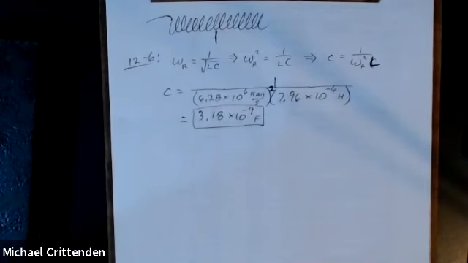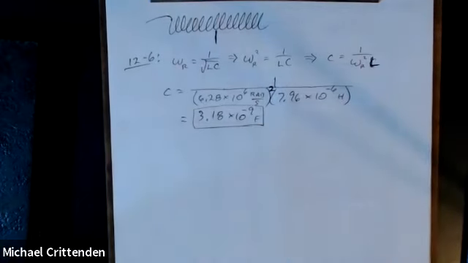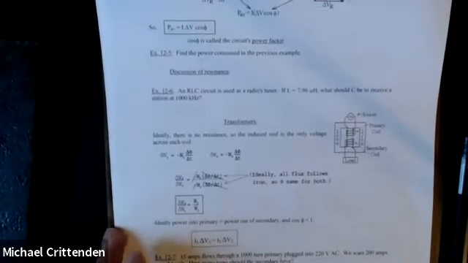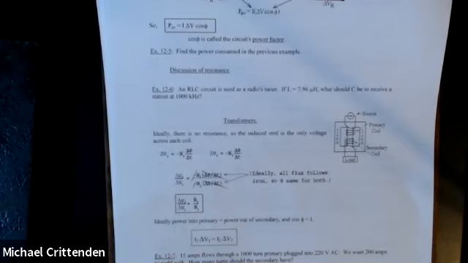And the last topic in section 12 is transformers, which is something I've been talking about all along, ever since I started talking about Faraday's law, because transformers are a really good example of an application of Faraday's law. But I haven't said quite everything I wanted to say about them yet, and I left that for section 12 just simply because this is the chapter in the textbook where they've got transformers, in the chapter on alternating currents.